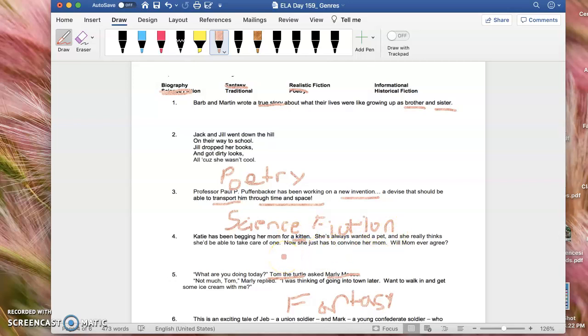Now she just has to convince her mom. Will mom ever agree? So we know that this can happen in real life because she's asking mom for a pet, and most of you guys ask your parents for pets. And so I would say that this is realistic fiction.